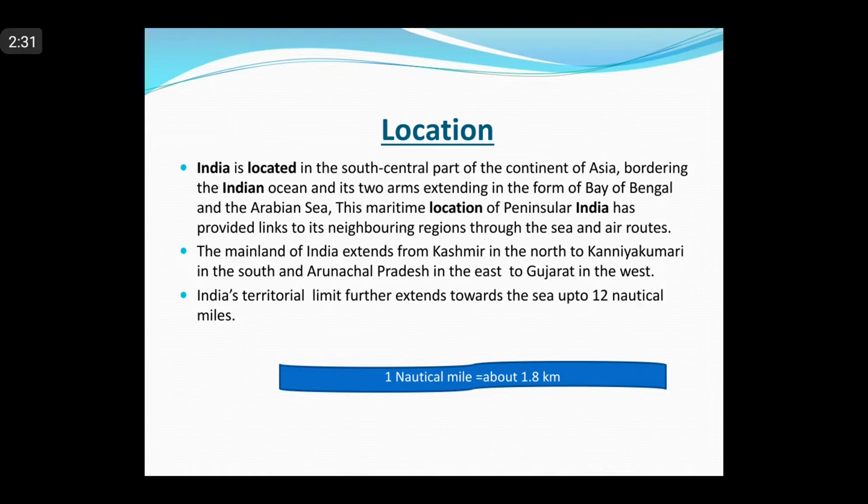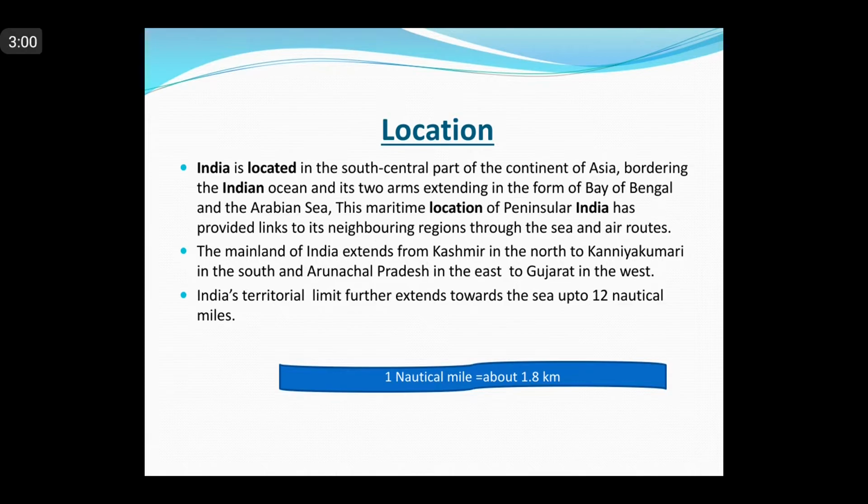This difference is due to the fact that the distance between two longitudes decreases towards the poles. You must have read these concepts in your junior classes also: the distance between two longitudes decreases towards the poles because of convergence of meridians, whereas the distance between two latitudes remains the same everywhere.